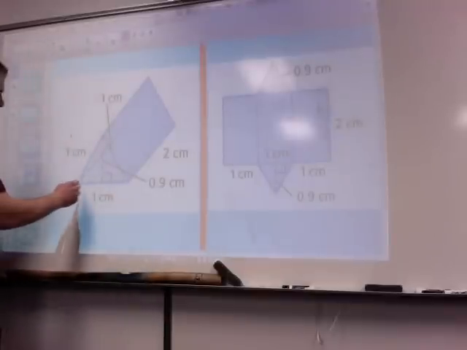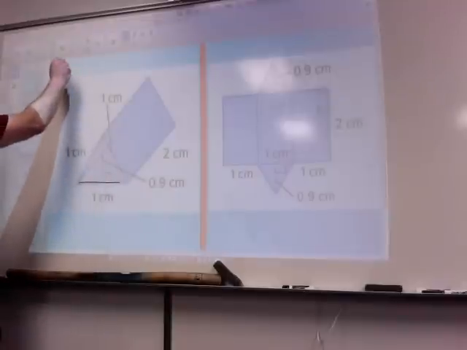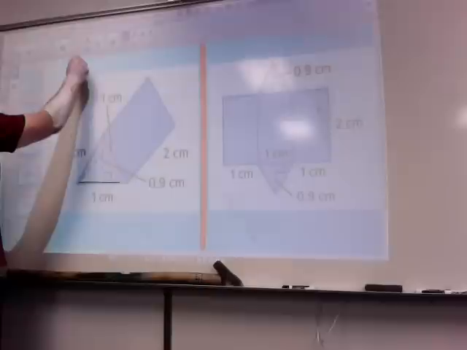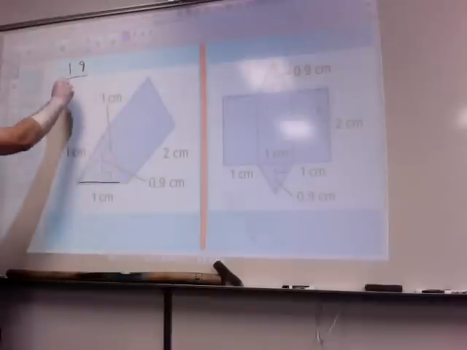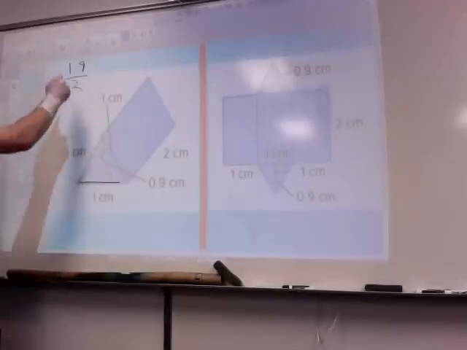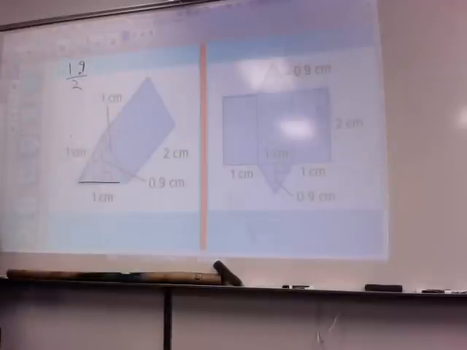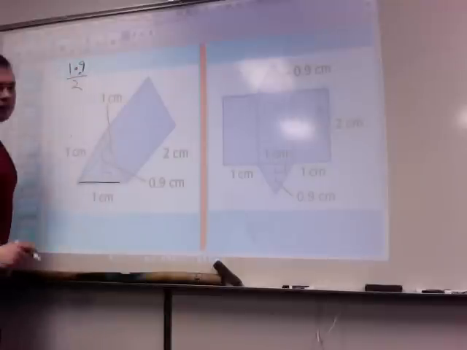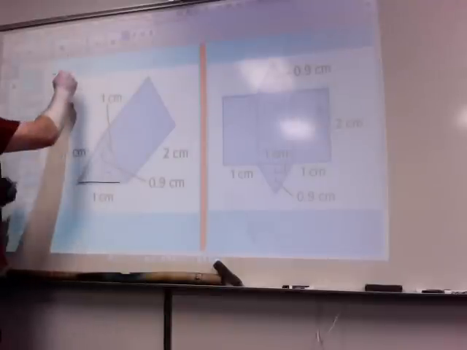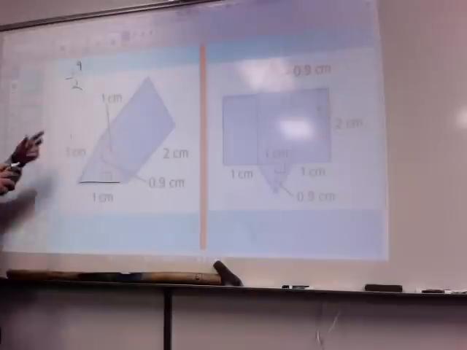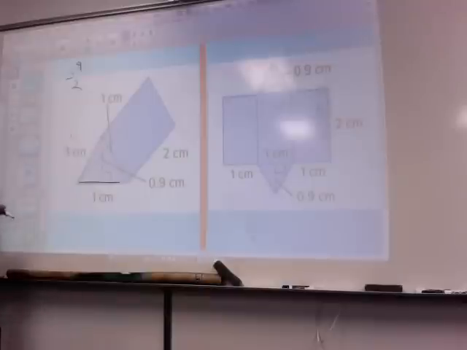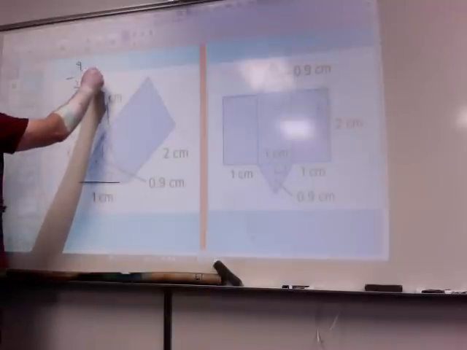I have a base of 1, so 1 times my height, which is 0.9, and divide that by 2, and that'll give me that triangle. 1 times 0.9 equals 9/10. 9/10 divided by 2 would equal 0.45.